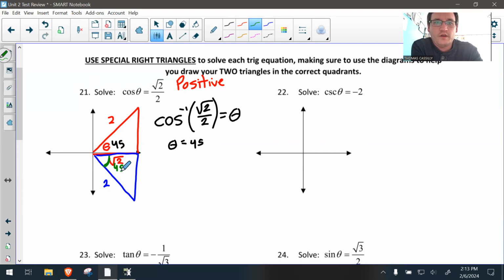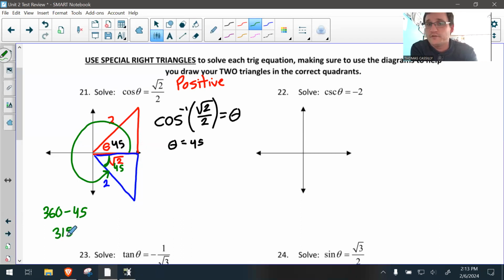All right. We want 2 thetas here. So what we're going to do is just think about how can we get over here? What is that angle measure here? All right. So that angle is just 360 minus 45. Right, and that gives us 315.